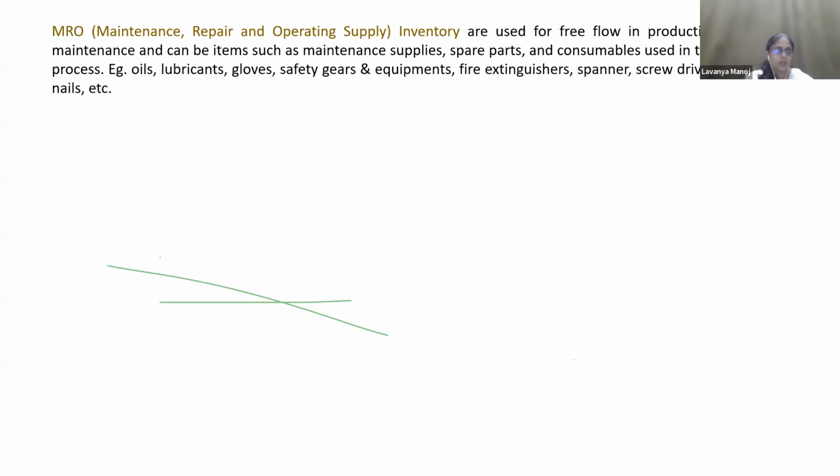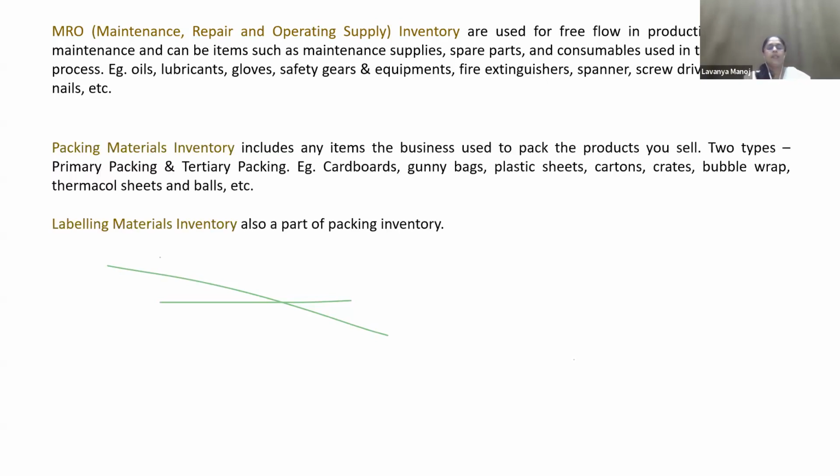It is very important in case of a sudden breakdown or failure of the machines, or electricity, or whatever it is. These supplies will help the production go on without any stoppage. And then finally we have packing and labeling materials inventory.